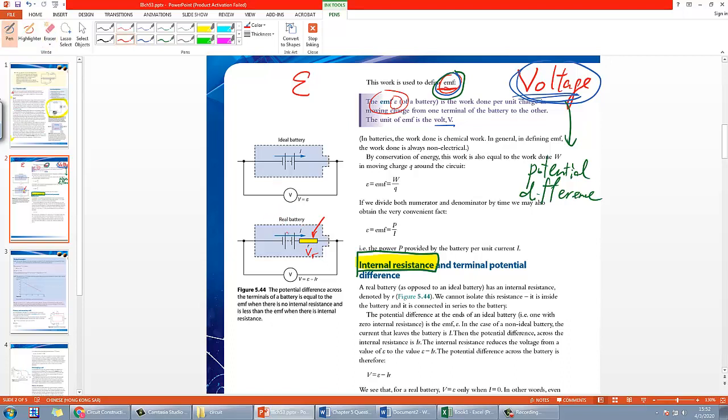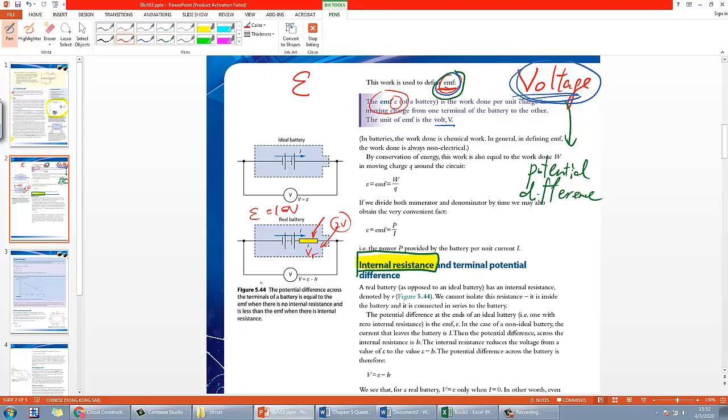If the whole battery in itself provides you a certain amount, so epsilon, let's say 10V, ideally it provides you 10V. However, this internal resistor will take up, let's say, 2V of the voltage. So you can imagine the whole battery in itself could provide you 10 in theory, but now 2 volts is taken by this internal resistance.